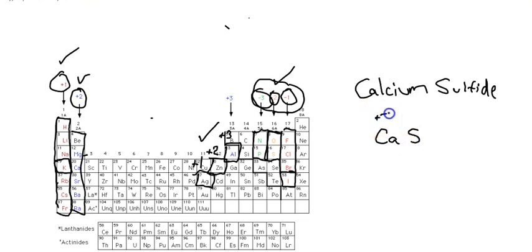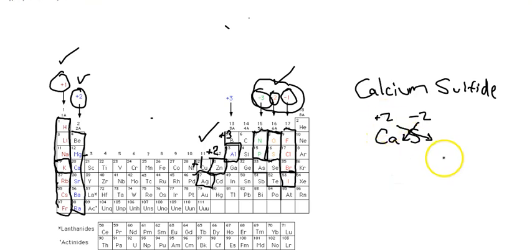So we've got a positive 2 charge and a negative 2 charge. So for this, the crisscross method will give us a quick way to do our equations. If we write our charges above them, we can bring our charge diagonally across both ways, and that will give us the numbers that go below.